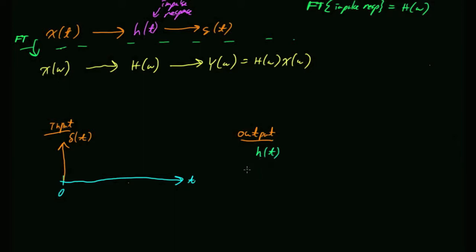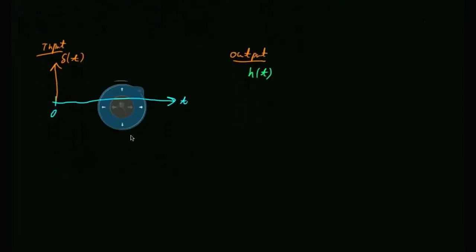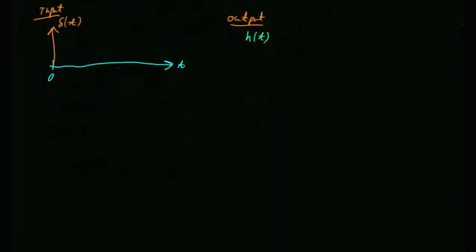I have an idea. What if my input signal, instead of being delta of t, was shifted over by some time, just some number tau? So let's say this is my input now: delta of t shifted to the right by tau units. So what's my output going to be?